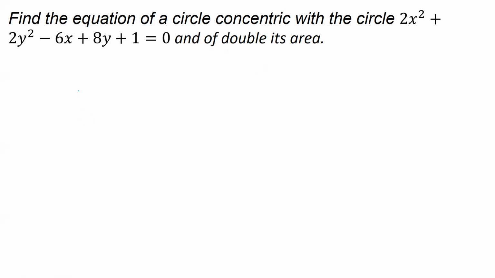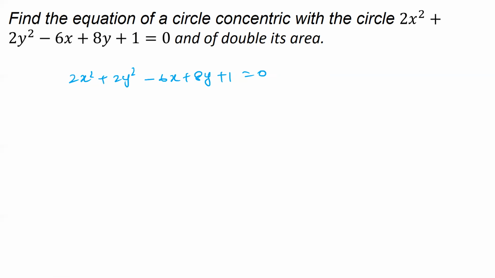So let's quickly figure out the center of the given circle. Our given circle is 2x square plus 2y square minus 6x plus 8y plus 1 is equal to 0. Now we need to first of all write down this equation in standard form. When I say standard form, remember that we have x squared plus y squared. We don't have 2x square and 2y square or whatever.